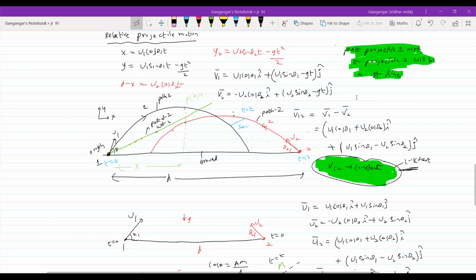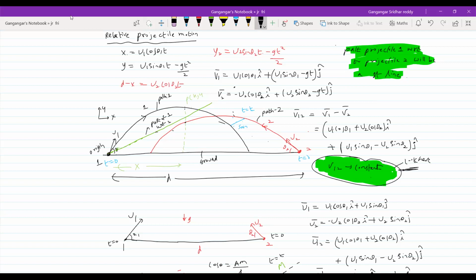M will come somewhere here. No, the M should be perpendicular. Somewhere it will be. M will come somewhere here. The minimum separation. This is 2, no? So you further take this. It's a rough diagram, no?